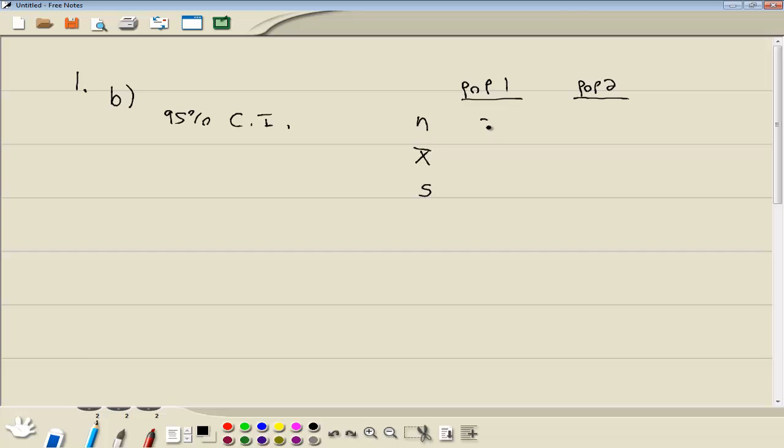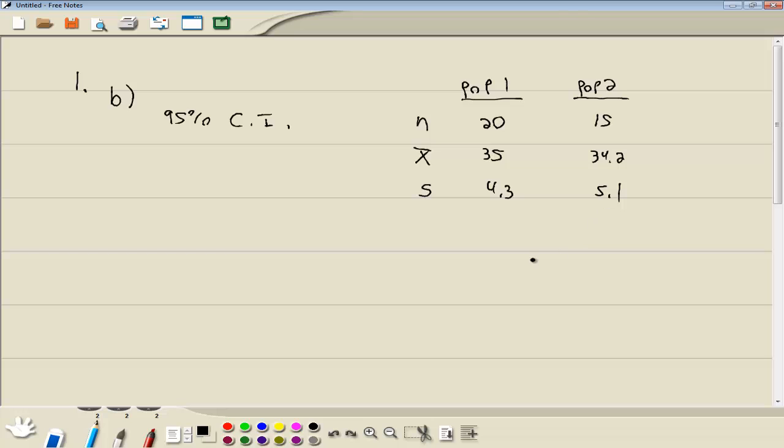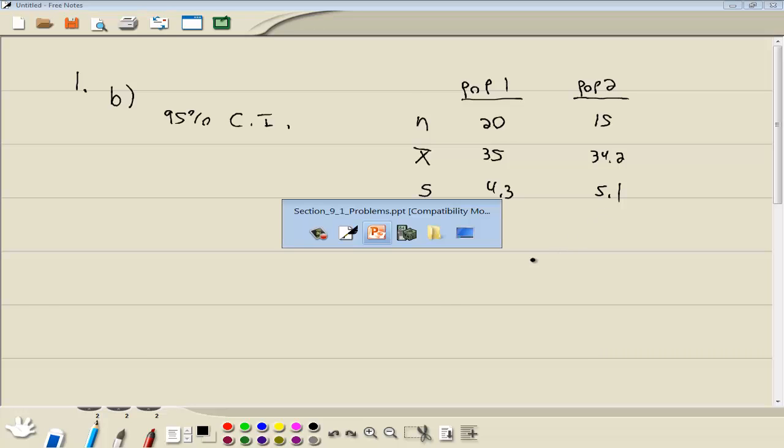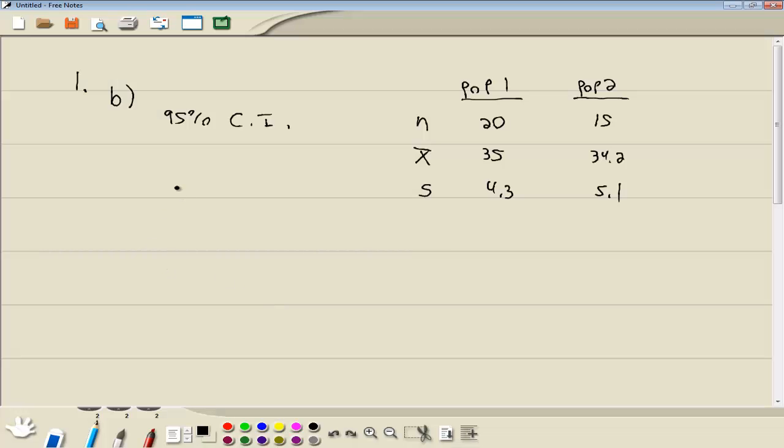So we got 20, 35, 4.3, 15, 34.2, 5.1. And our instructions say to use 2-SampTInt. The Int refers to interval, confidence interval. The 2 refers to the 2 populations, 2 samples.